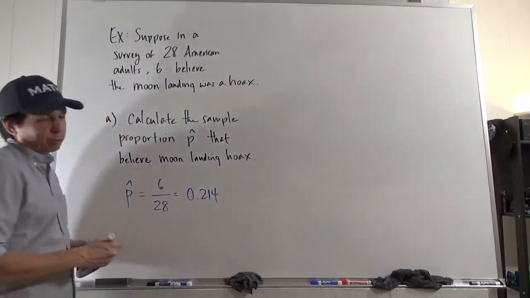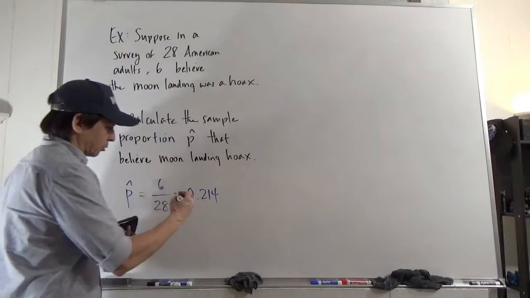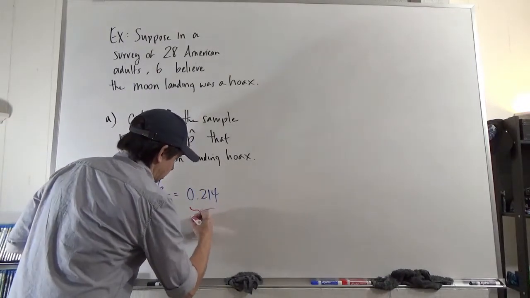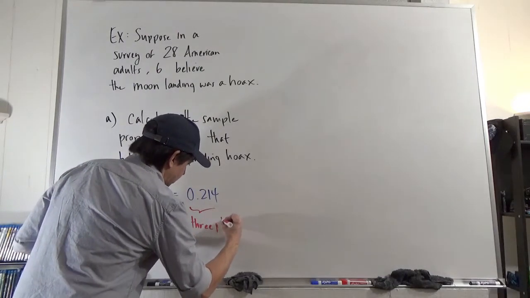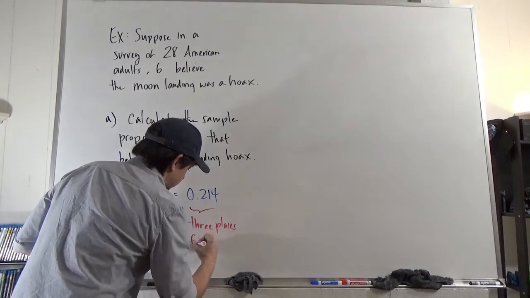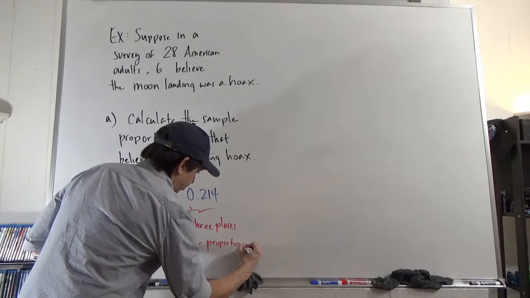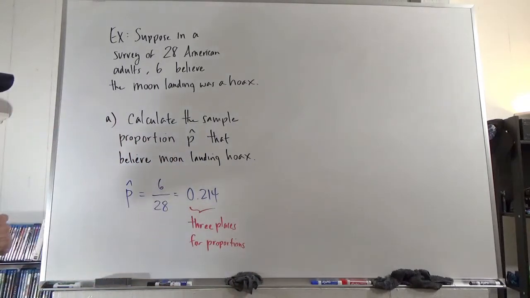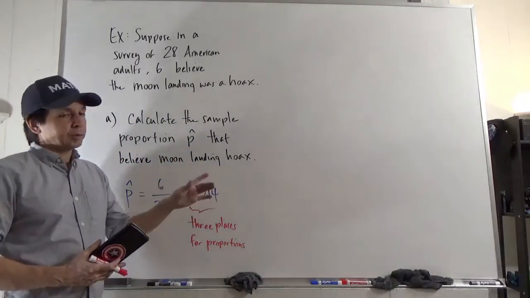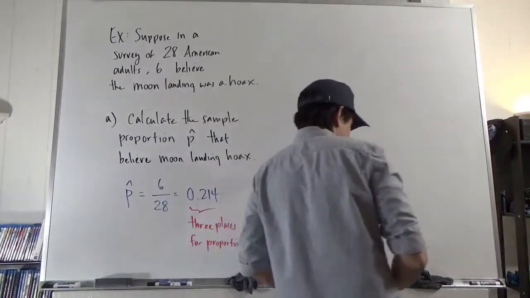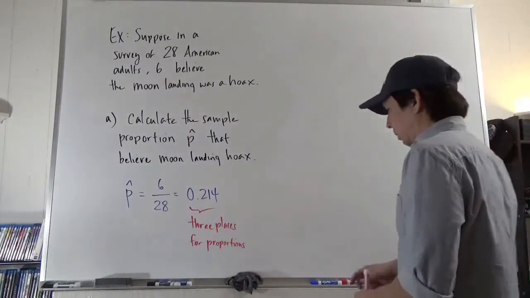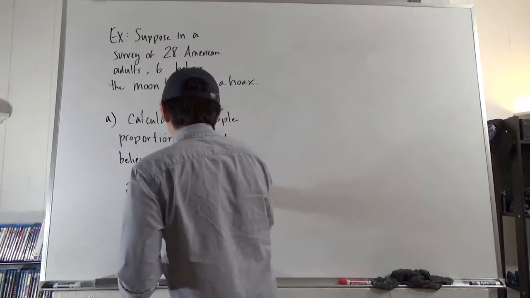That's 21.4% of our sample believe the moon landing was a hoax. 3 places for proportions will be a standard, because that'll, again, give you to the 1/10 of a percent, 21.4% if we mentally convert it to a percent. That's it. That's all you want. Leave it as a proportion, so leave it in decimal form.